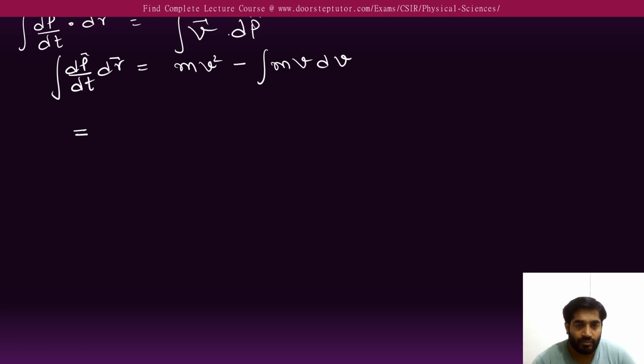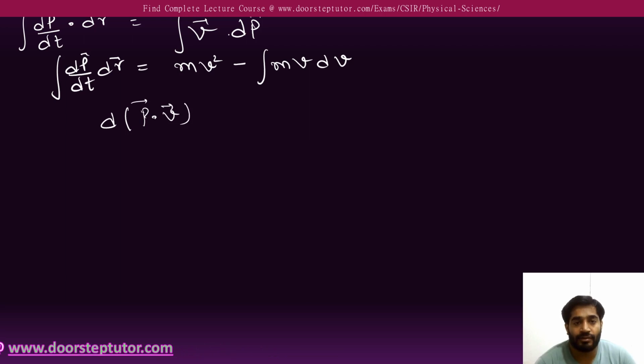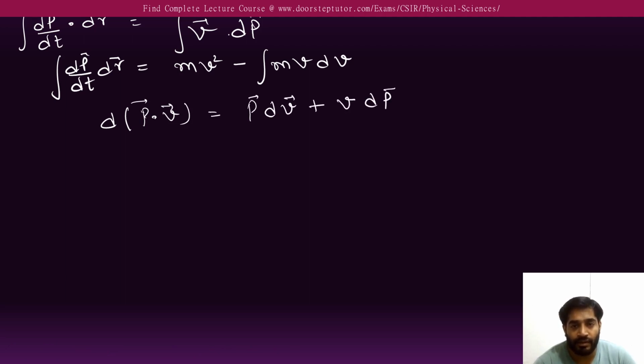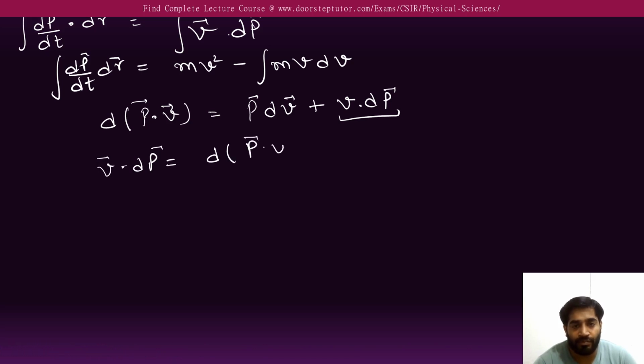Now before moving to the next step, take the derivative of the product of momentum and velocity. It's going to be p dv plus v dp. Now this term is already in the integration, so I can write v dp as the derivative of p into v minus p dv.